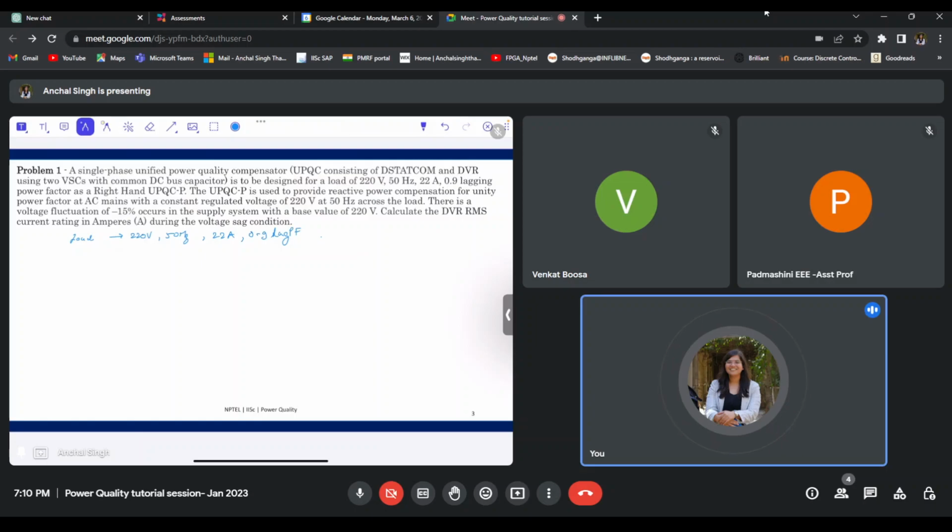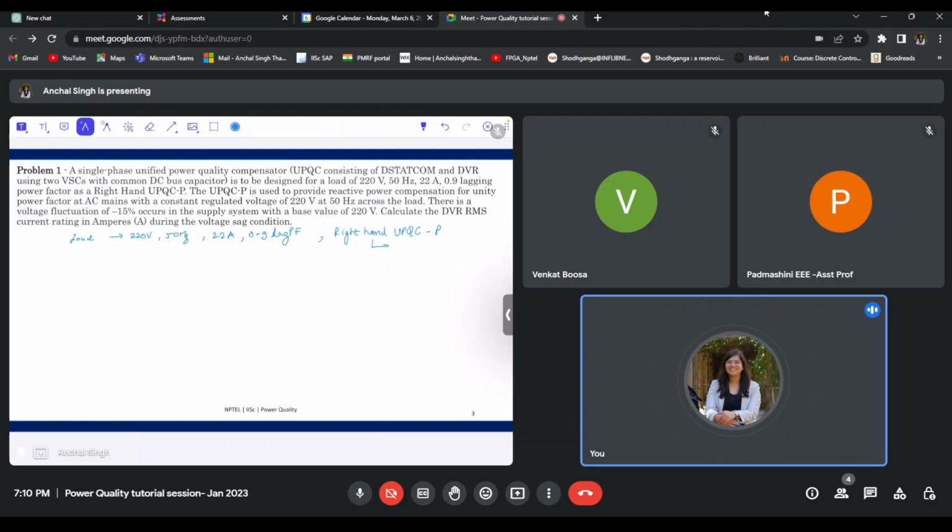In the question, they are using the right hand UPQC-P. The right UPQC-P is used to provide reactive power compensation for unity power factor.